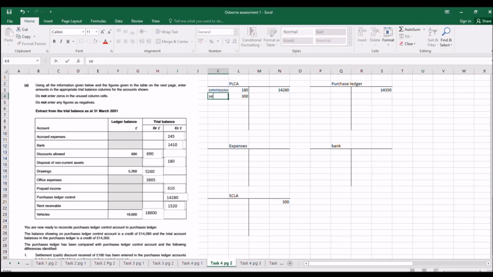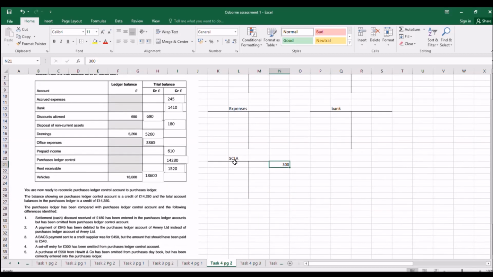So that's an omission as well. So that's where we're going there. So that would be that. This has already been in the sales ledger control account, which actually we don't really have in here. So perhaps it wasn't supposed to balance in any case. It's a little bit sloppy in terms of a question.